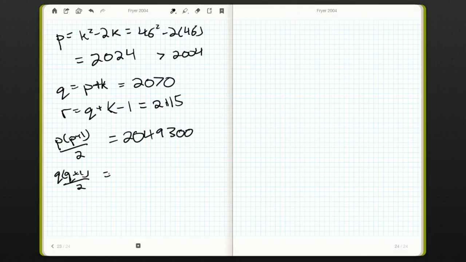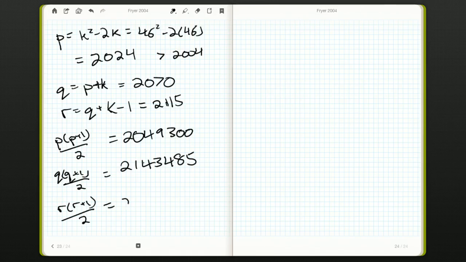So the next one, Q. That's 2143485. And the last one, 2115 times 2116 divided by 2.